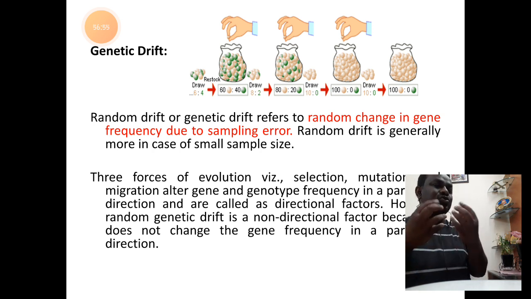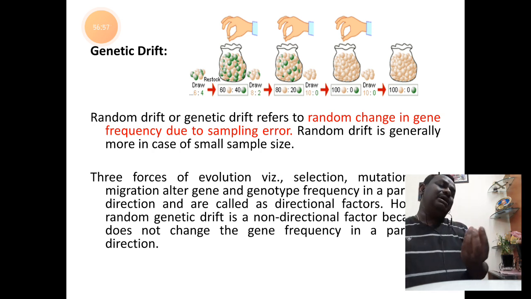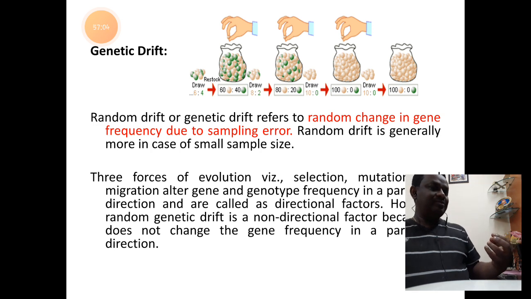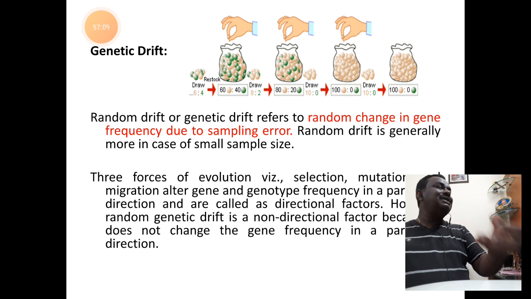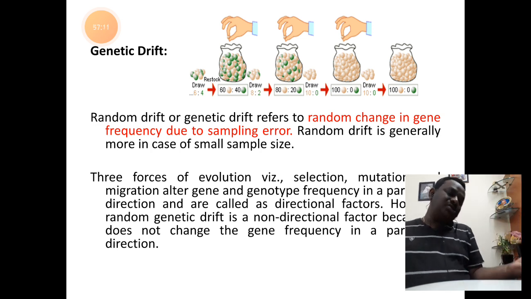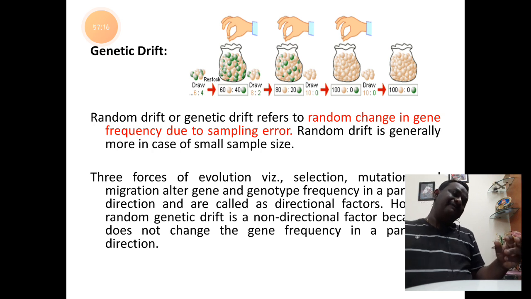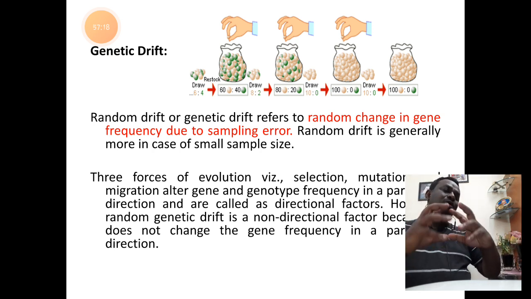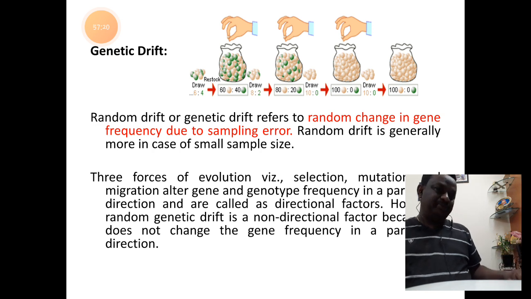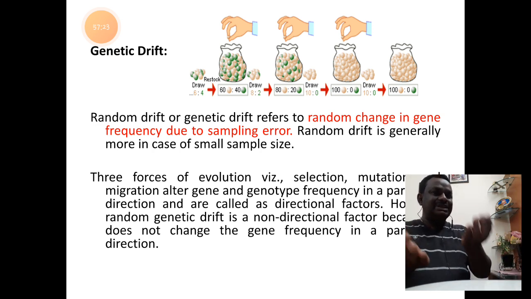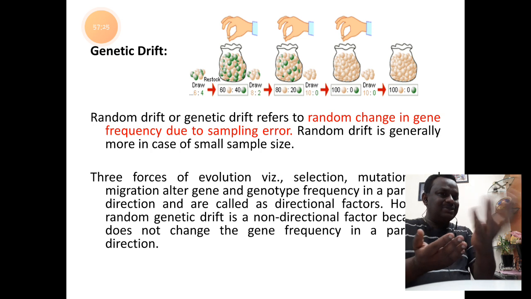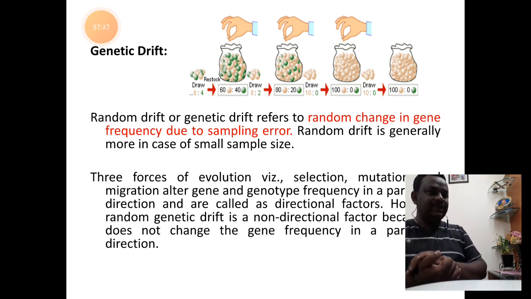So what's happening to those green balls within the jar? We are selecting against them to reduce their population, and indirectly we are making the brown balls increase in number. Here the color of the balls represents the genes.